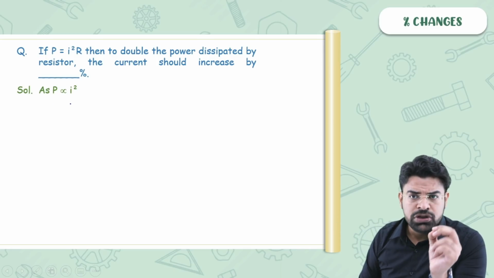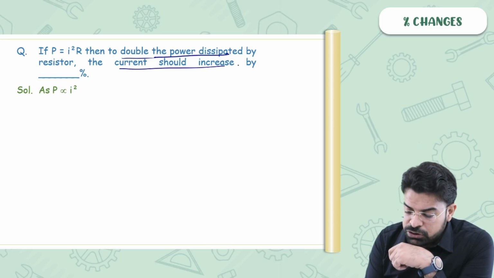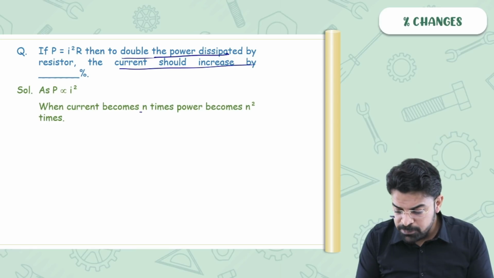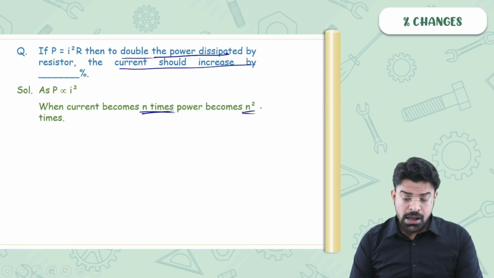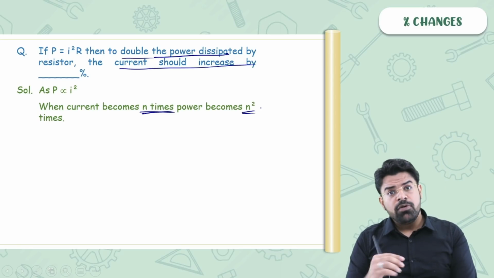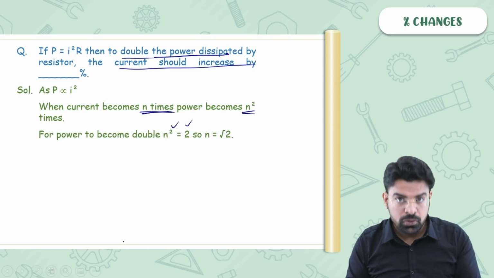So what is the question asking me? To double the power dissipated, the current should increase by a dash percentage. When current becomes n times, the power dissipated becomes n square times. Here we want the power dissipated to be double. As we want the power dissipated to be double, n square should be equal to 2.